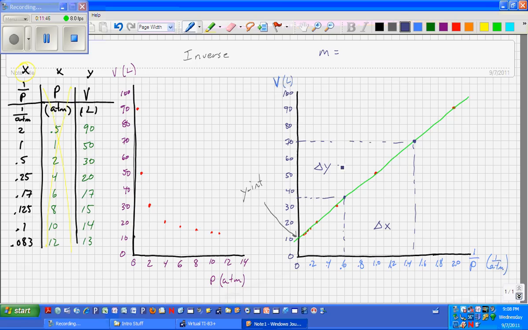I'm going to calculate this by taking 70 minus 35, so change in y is going to be equal to 35, and that is in liters, divided by my change in x. My change in x is 1.5 minus 0.6, which is 0.9, and that is 1 over atmospheres.